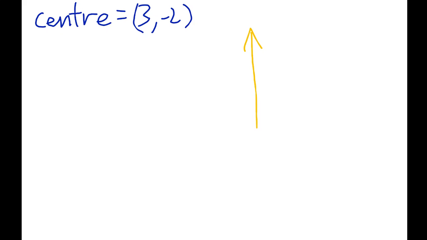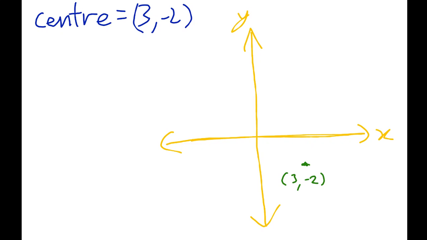So let's put this in first, the center, and then we'll go through some of the details on what we need to do. So there's our center. Now, our radius is 5 though. Let's just write that down quickly. And because our radius is 5, we need to figure out how wide the circle goes. The easiest way to do it is just do it horizontally and vertically.